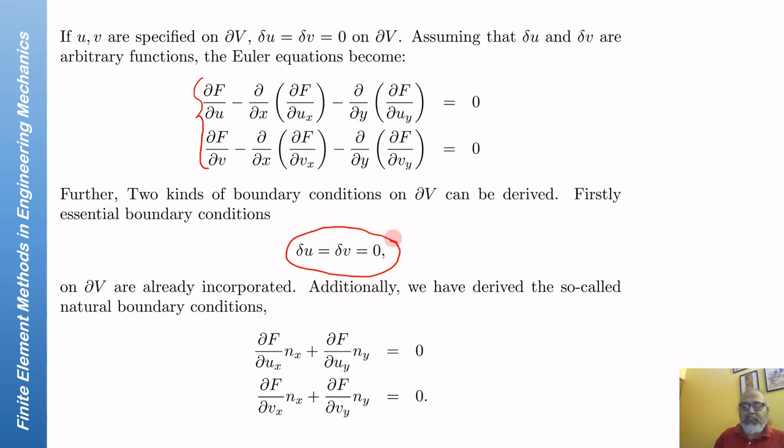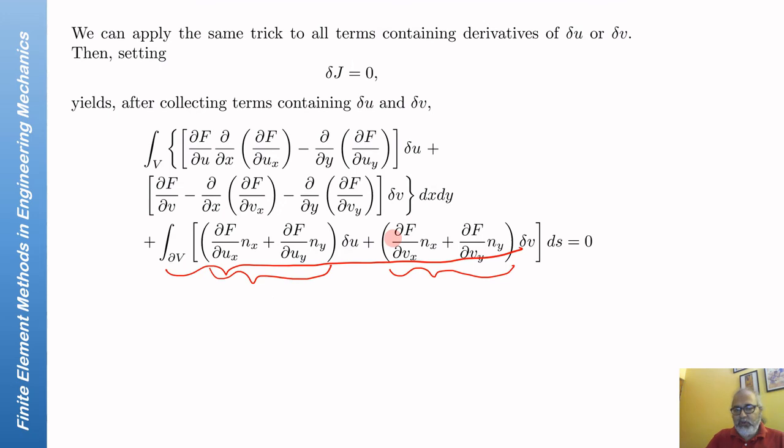In addition, we also have what is known as the natural boundary conditions, which means that this can be 0 and this can be 0. So the zeroness of this last term, the surface term, can be imposed if delta u and delta v are equal to 0, which would be the essential boundary conditions. They can also be imposed if the terms inside these brackets are also 0. So these are not essential boundary conditions.